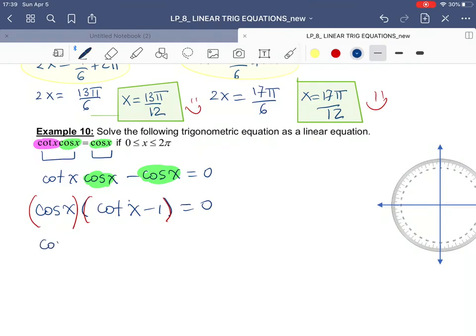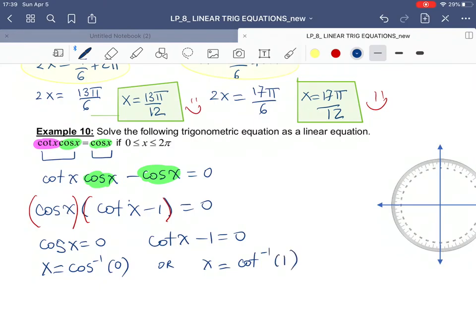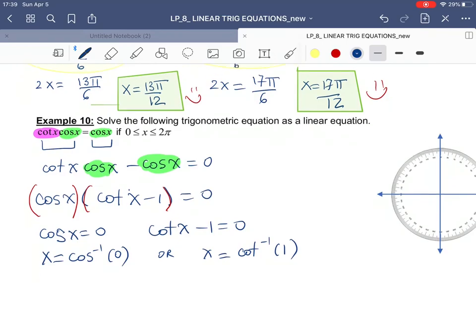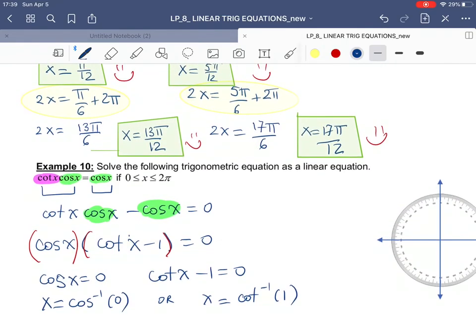So guess what we're doing then? We're making each factor equal to 0. Now, can we solve these equations? We're going to have x equals inverse cos 0, and according to this equation, x equals inverse cotan 1. All right, so let's get to work.